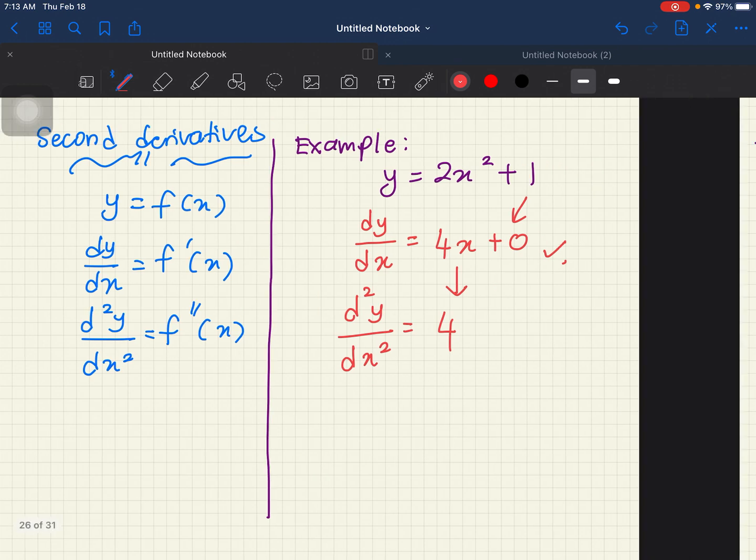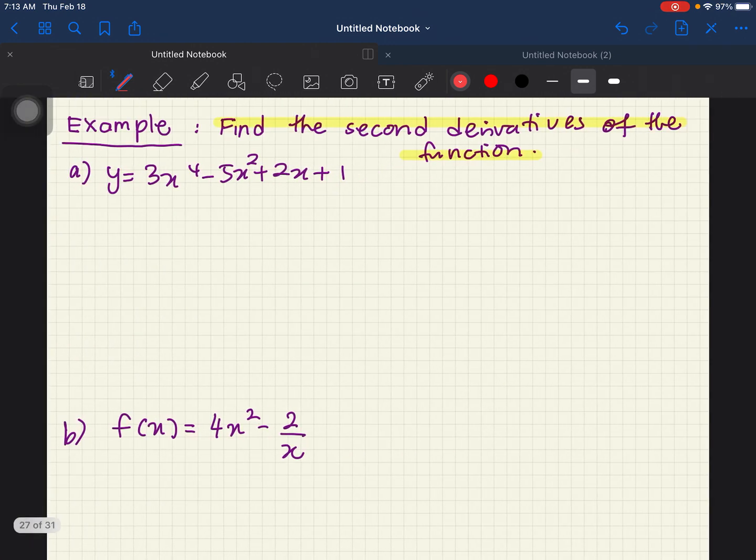Now let's look at more examples. Find the second derivative of the function. You know the first derivative is dy over dx, so the second derivative will be d squared y over dx squared.